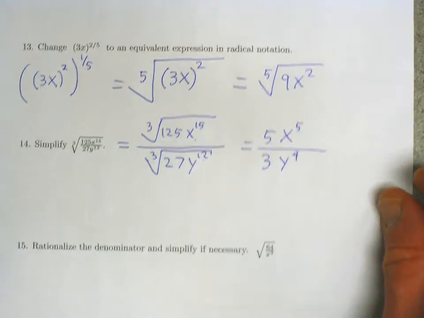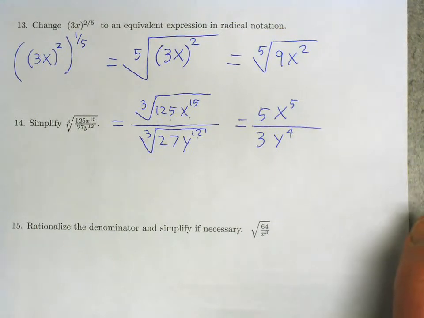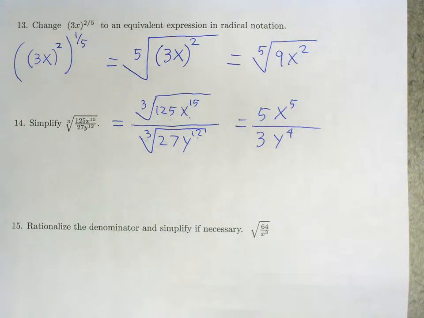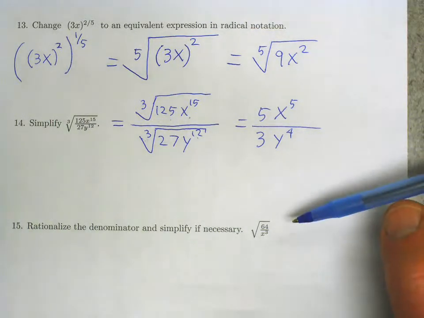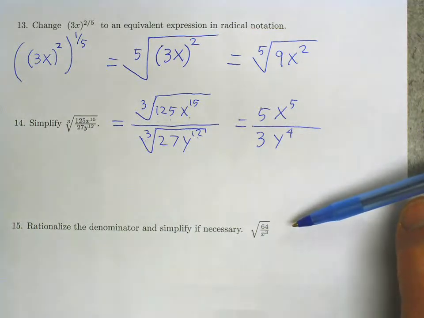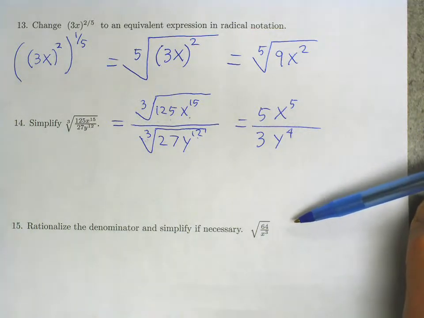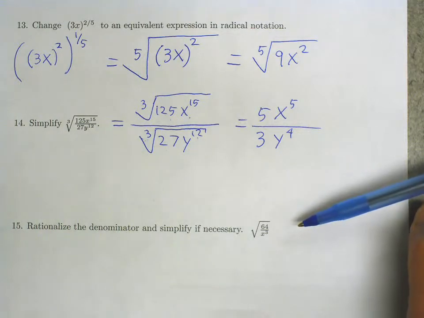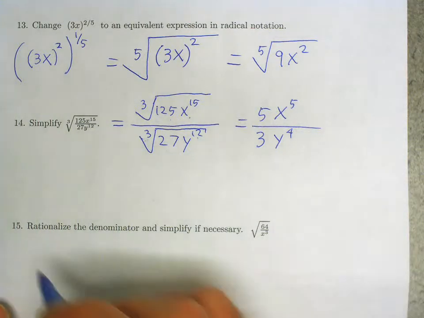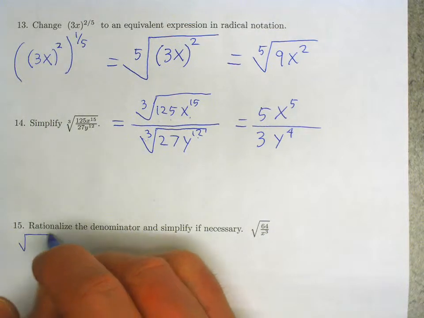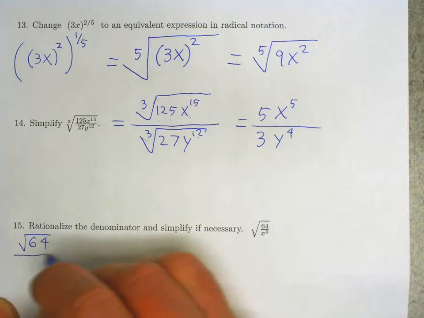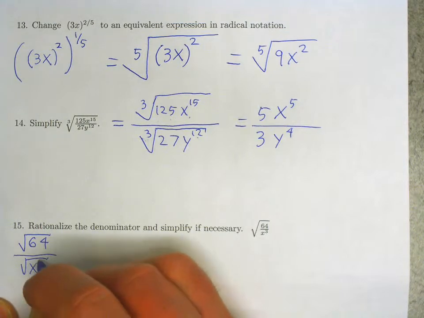Okay, the next problem, rationalize the denominator and simplify if necessary. Okay, we know that this is not simplified because we have a rational expression inside a square root. So that is not simplified. We can write the square root of 64 over x to the third as the square root of 64 over the square root of x to the third to start with.